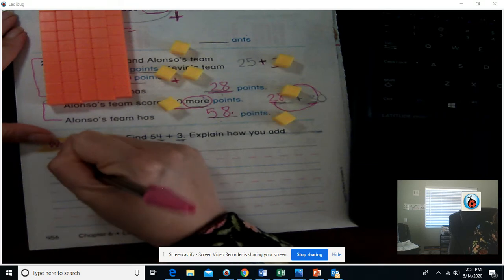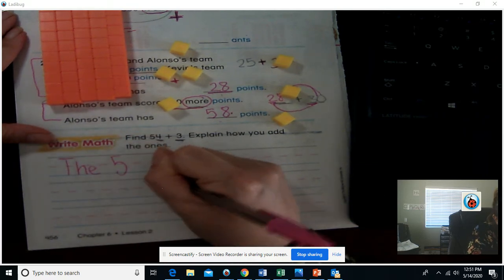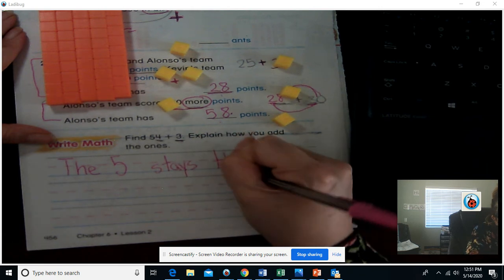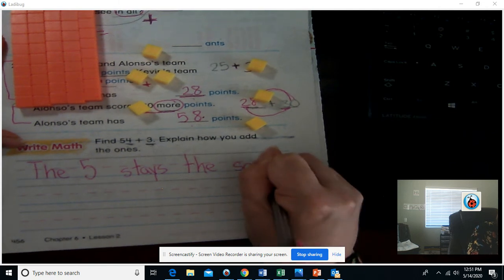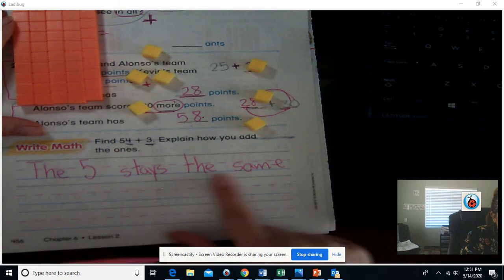So the 5 stays the same. The 5 doesn't change, right? The 5 stays the same.